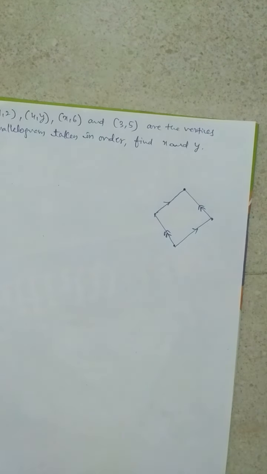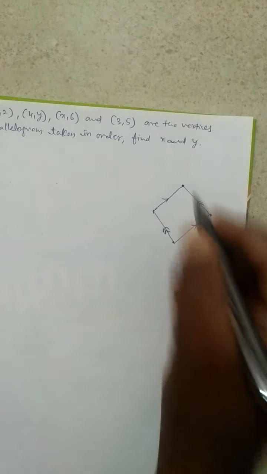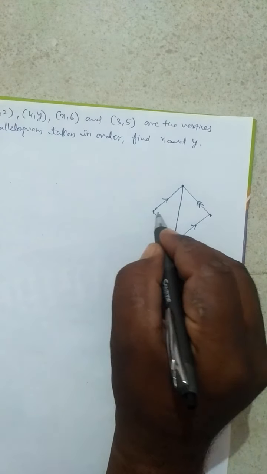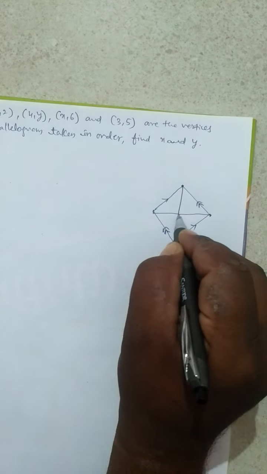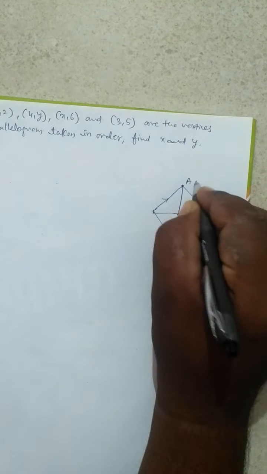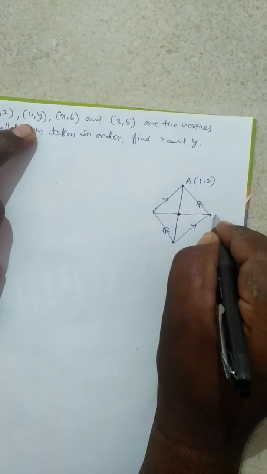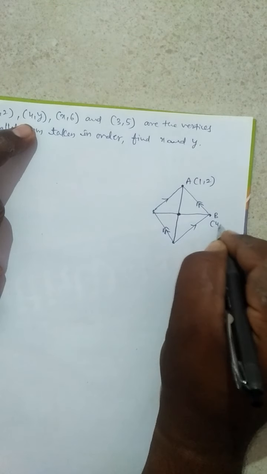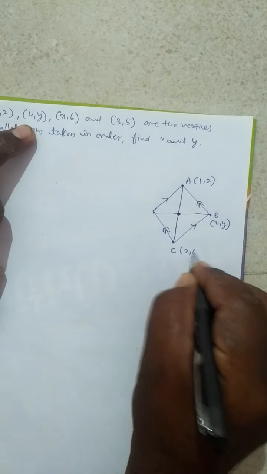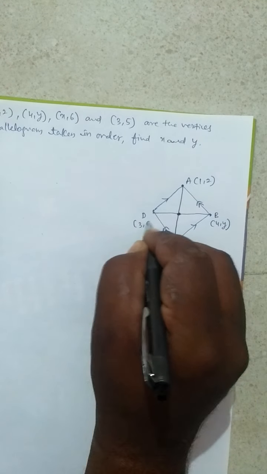One more property of a parallelogram is, in a parallelogram diagonals bisect each other. So I am going to take coordinate A as 1 comma 2. Coordinate B, that is 4 comma y. This is coordinate C, x comma 6, and this is coordinate D, that is 3 comma 5.